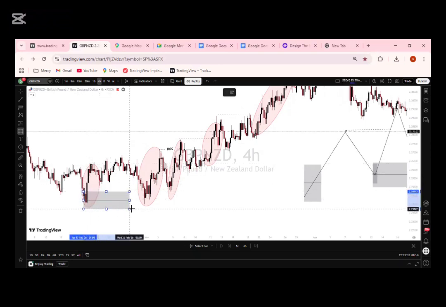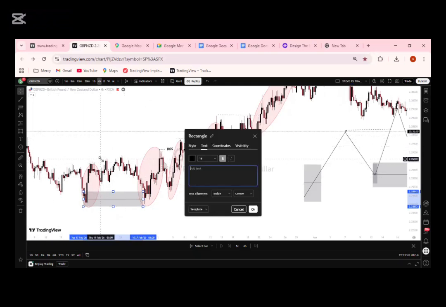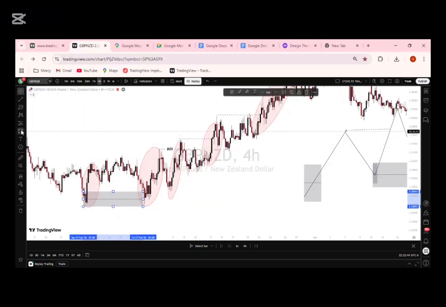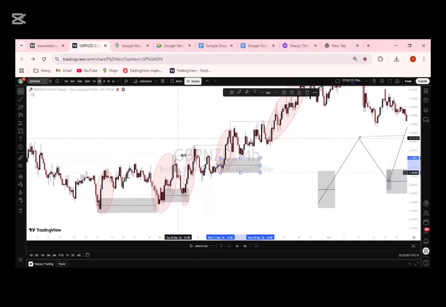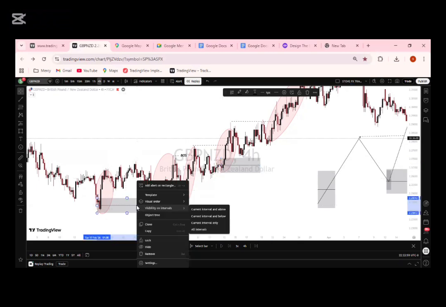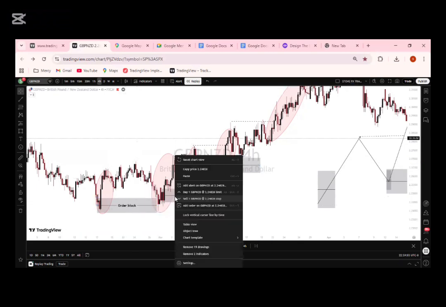So this becomes the order block over here. Also, we can spot our order block from here. That is how we keep on marking or indicating our order blocks. So this becomes our order block.